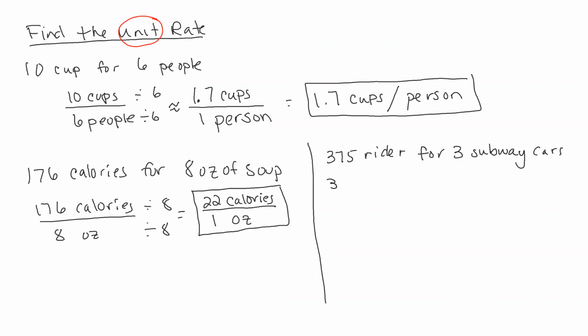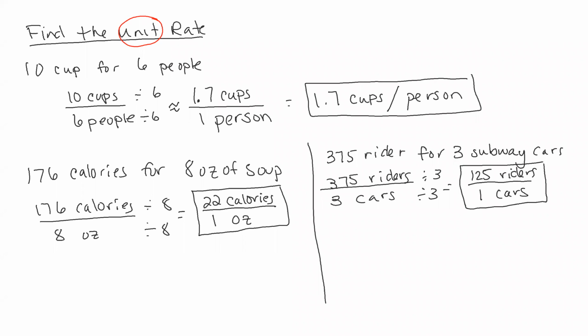So we start with a fraction, 375 riders, 3 subway cars. We want to divide numerator and denominator by the value in the denominator. So 375 divided by 3 is 125. 3 divided by 3 is 1. So that would tell me that there are 125 riders per subway car.